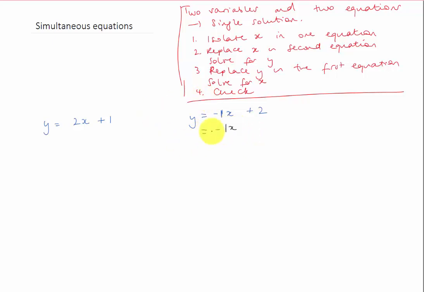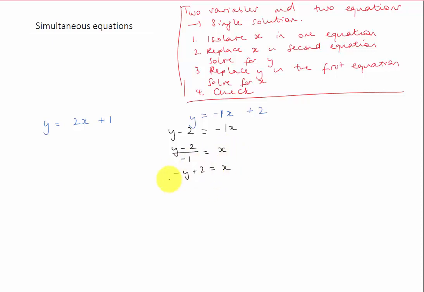So I'm going to use my rules for manipulating equations. So y minus 2 is equal to minus 1x. I've moved this over to the other side. And then I need to divide this by minus 1. So that means that minus y plus 2 is equal to x.